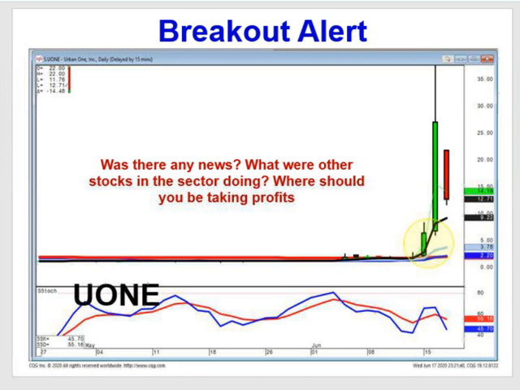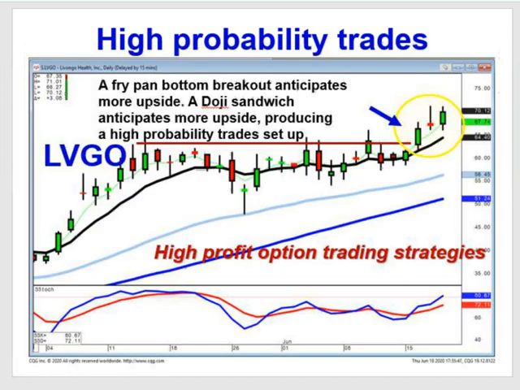So the reason we can point out where a breakout is occurring is because we can visually see. Our recommendation this week on LVGO, was it? No, it was yesterday. It was based upon, look at your fry pan bottom, look at your little gap up through the resistance level, and then it opened positive.